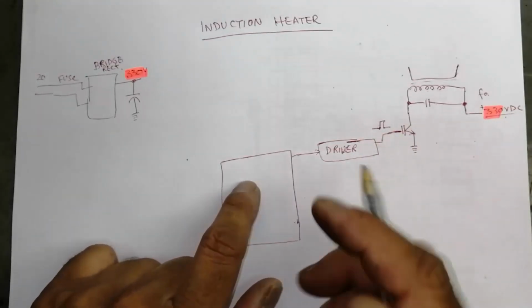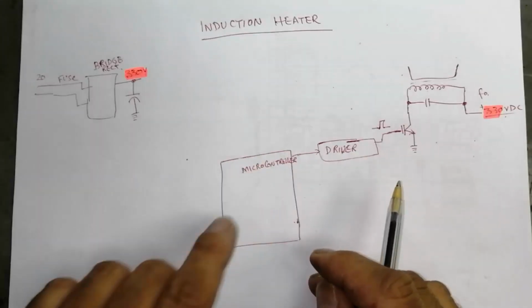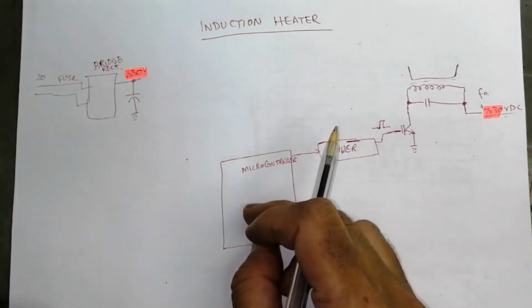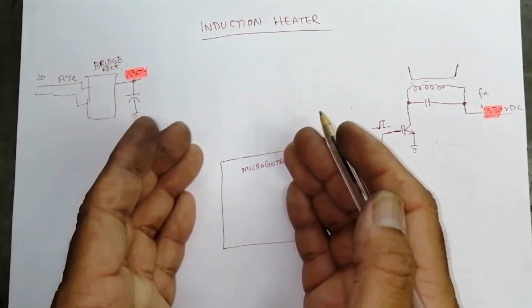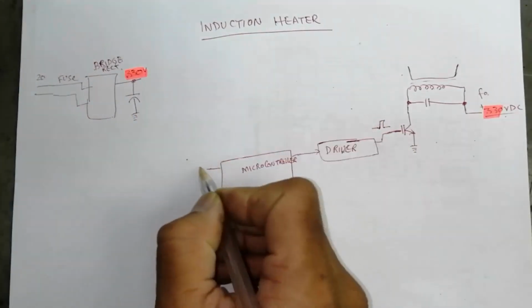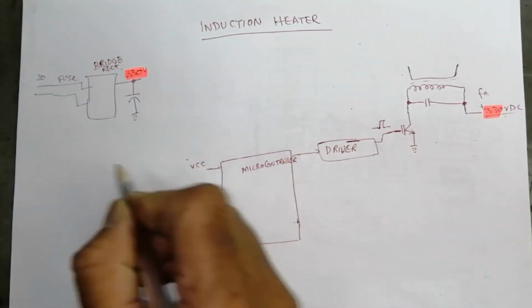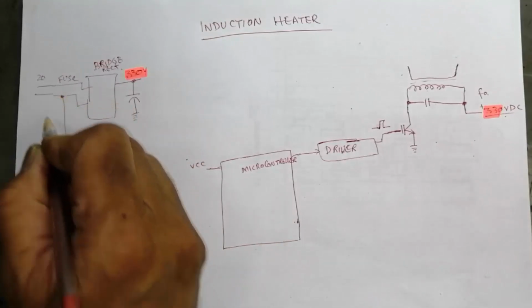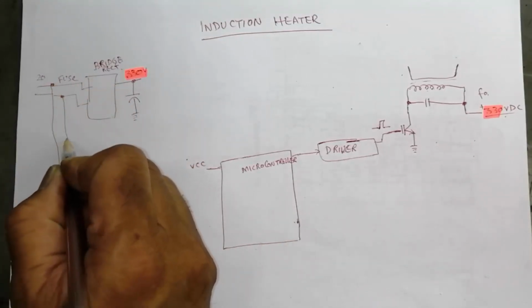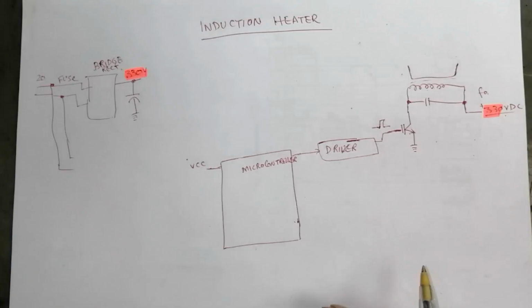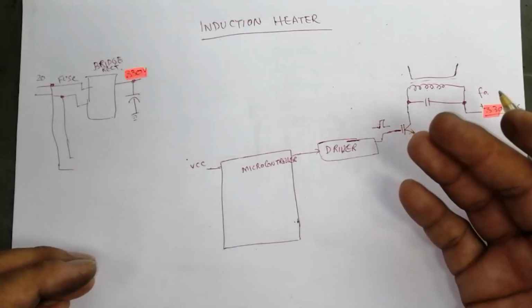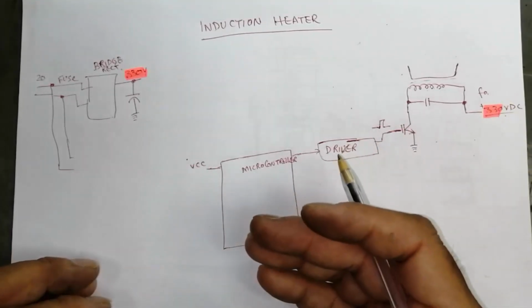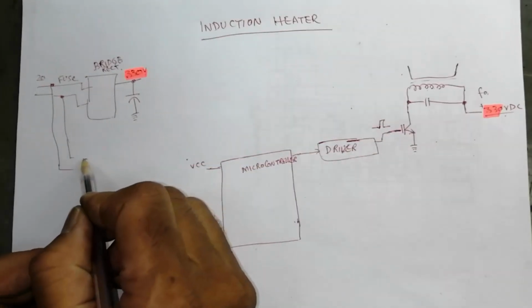To power up this microcontroller, we need VCC. To operate this microcontroller, we need VCC. Let's make VCC. I will take phase and neutral. It depends upon the circuit designer, how he is designing.